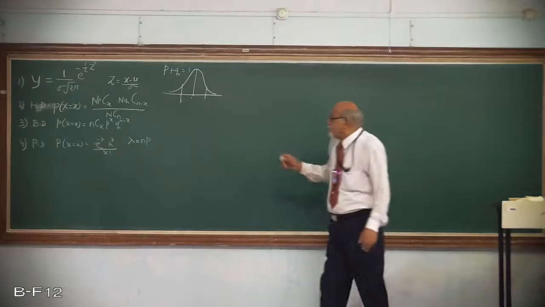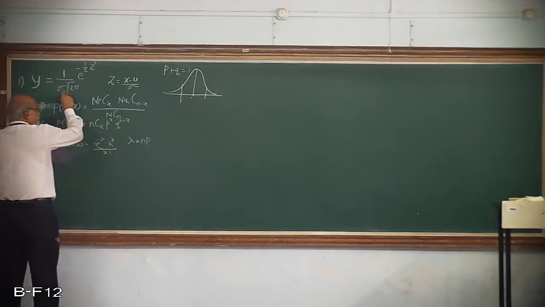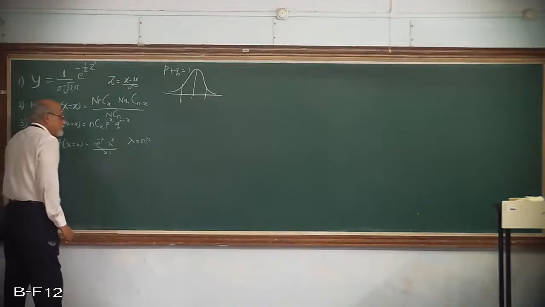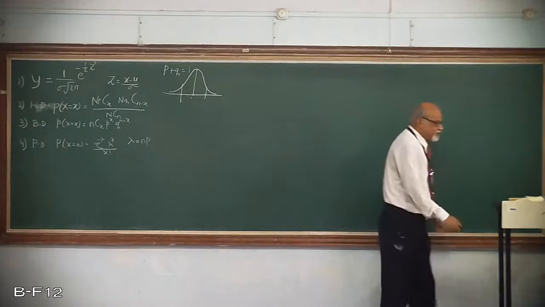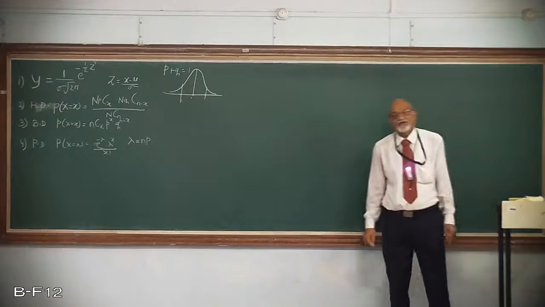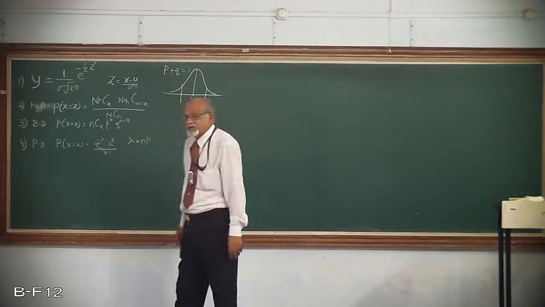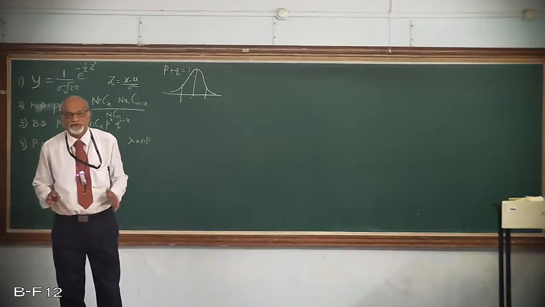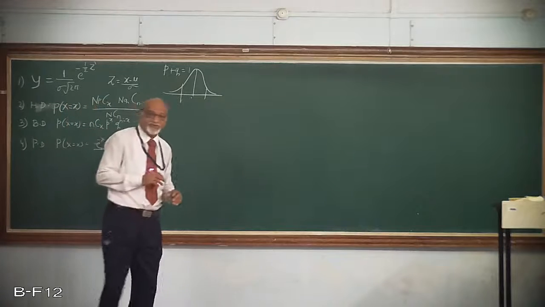Okay. Now that is what I told you, if the quality characteristic is a measurable characteristic, and if it is a continuous variable, then we are going to use the normal distribution. Suppose the quality characteristic is judgment, or absence and presence of a particular characteristic, or it is a good item or bad item, defective, good, whatever it is. That means if it is of attribute type, that means it is counting.